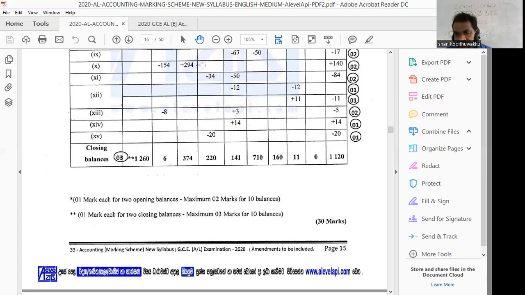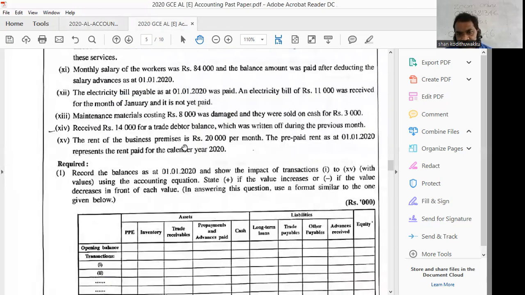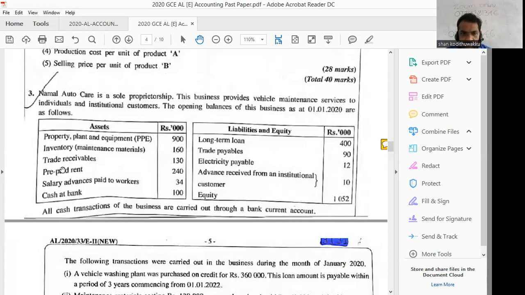The last adjustment: the rent of the business premises is 20,000 per month. The prepaid rent as at 1st January 2020 represents the rent paid for the calendar year 2020. That means at the beginning, we are given prepaid rent 240,000.